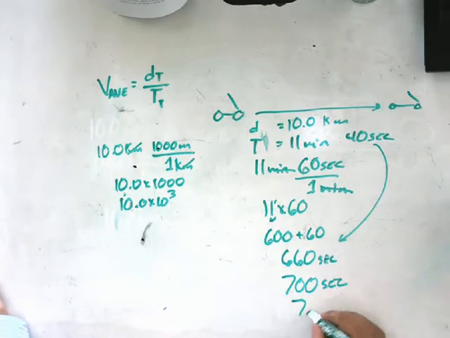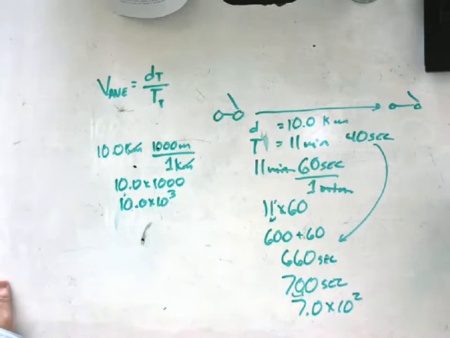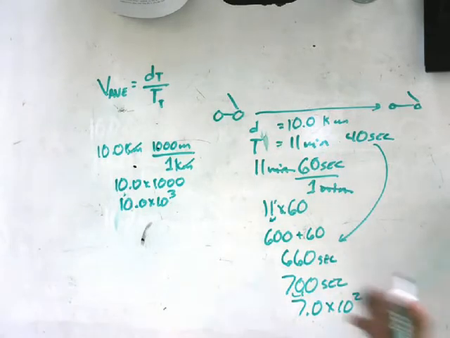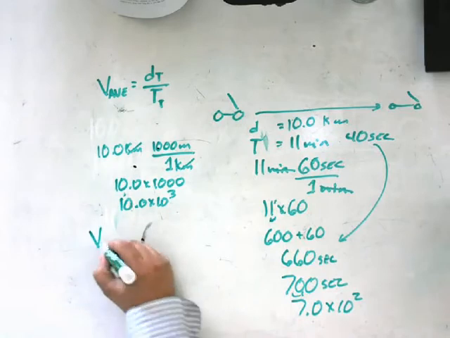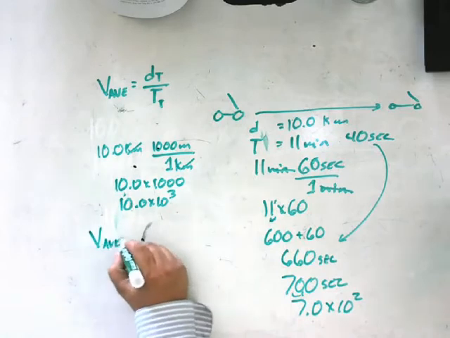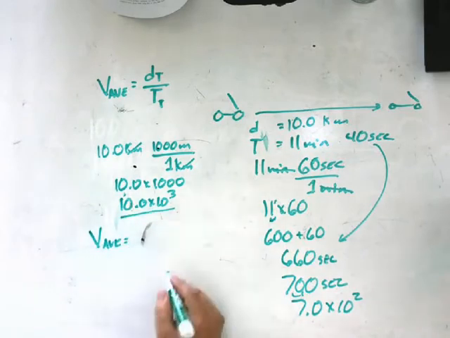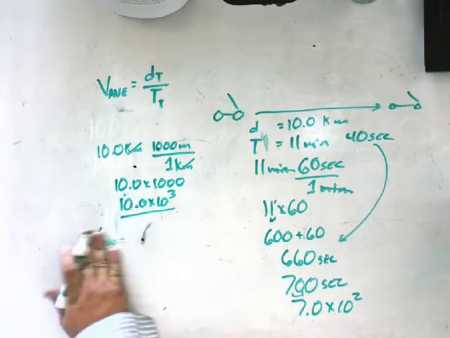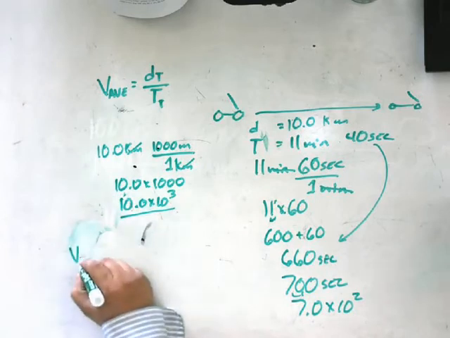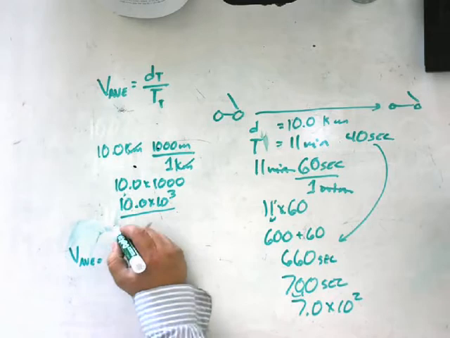Okay? Now to get average velocity, V average is equal to my distance divided by my time.